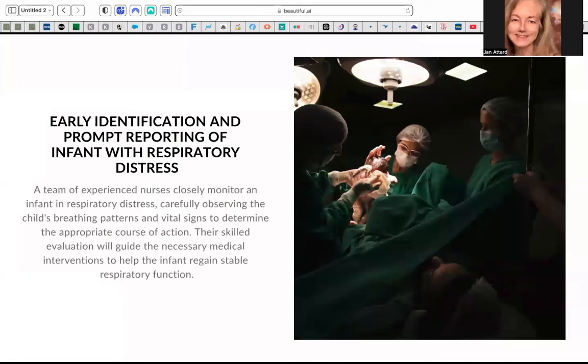So, early identification and prompt reporting of an infant with respiratory distress is crucial. The baby's born. Let's give ourselves an example here without even reading the screen. Mom has chorea. What does that mean? Temp of 100.4 or above for a persistent period of time. Had a really long and difficult labor. Heart rate increases in both the mom and the baby.